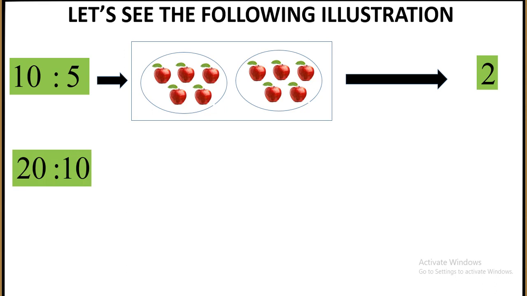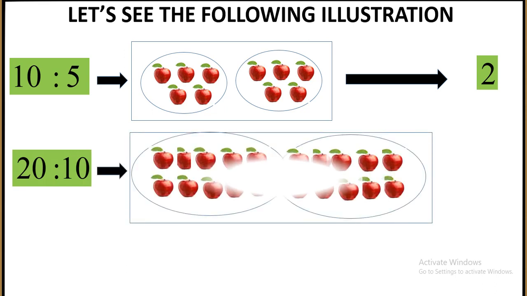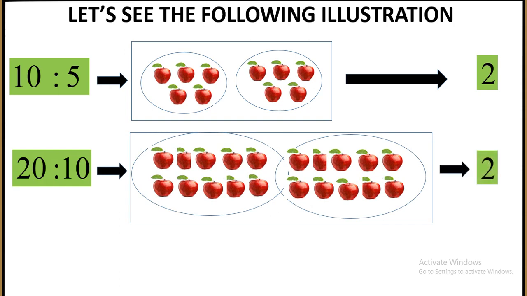And also 2 apples grouped into 10 apples, we also have 2 apples. The divisor and the dividend are different, but the result is the same, that is 2.